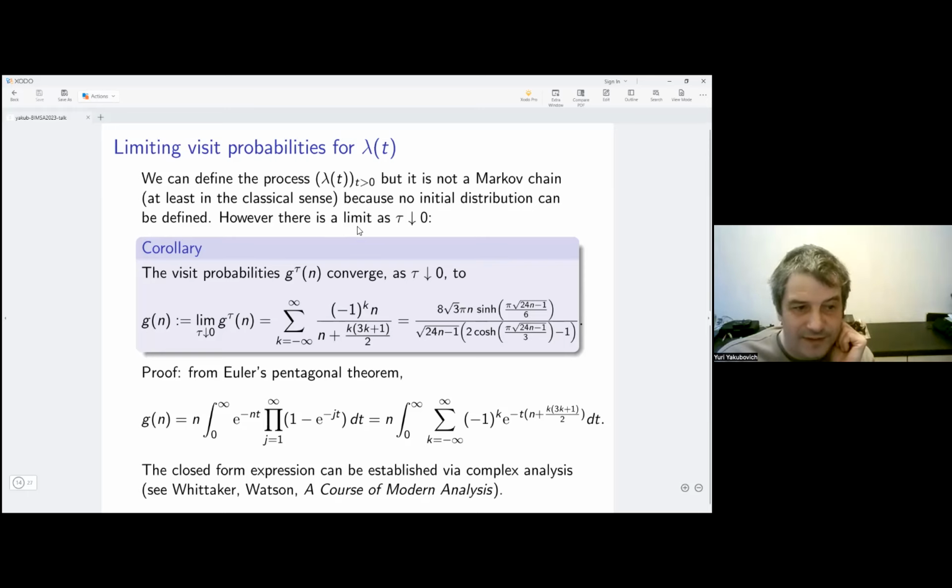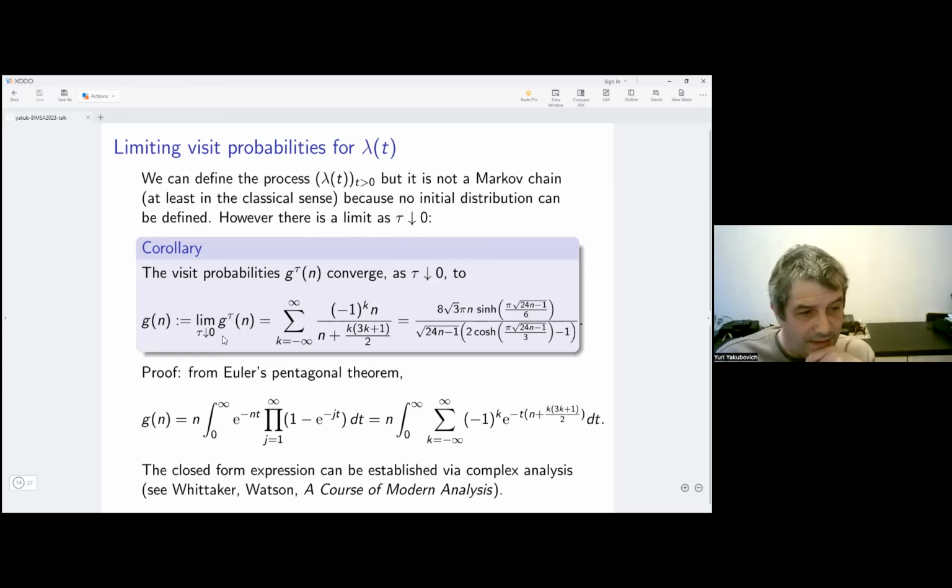Then we have to fix some positive tau and start at that moment. But if we let this tau go to 0, then actually these probabilities have a limit.